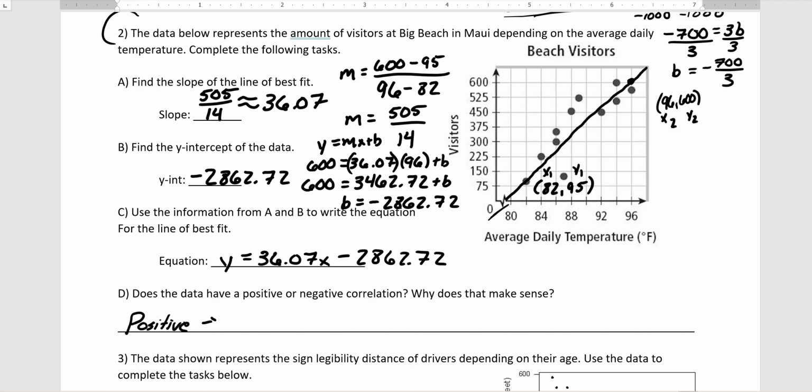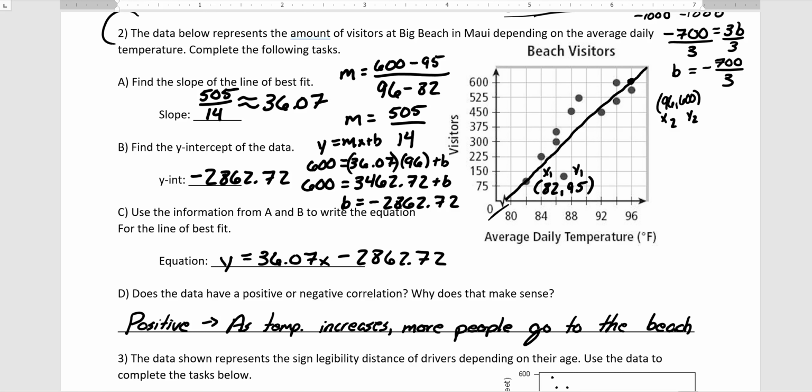So we can say as temperature increases, more people go to the beach. That makes sense, right? As it gets hotter, more people are like, oh, it'd be nice to take a dip at Big Beach here on Maui.